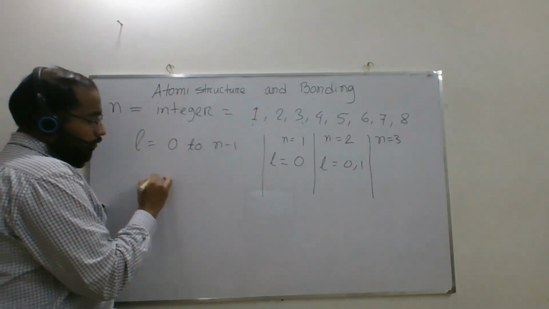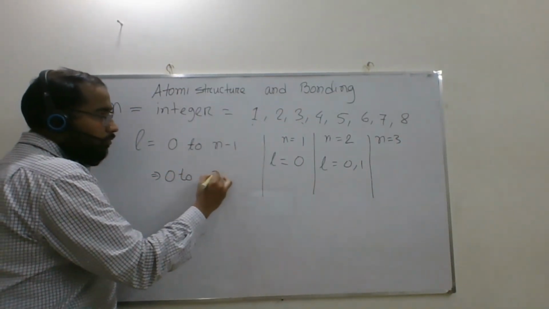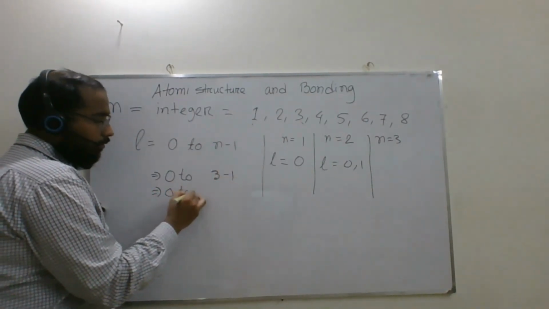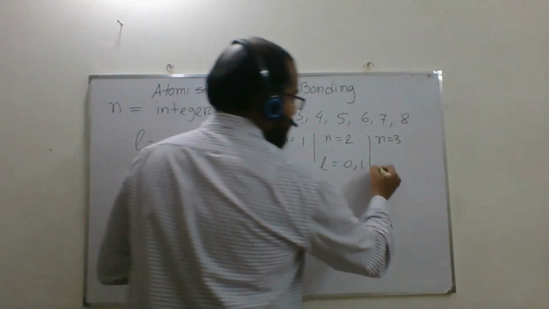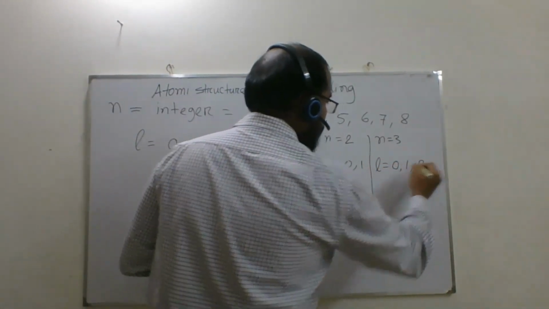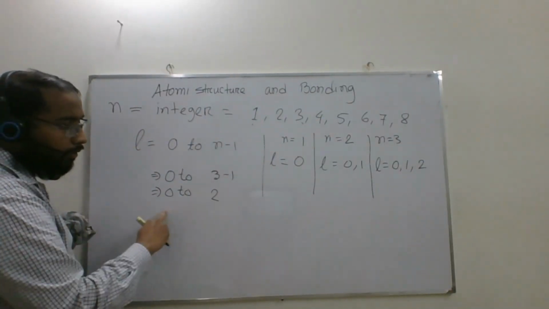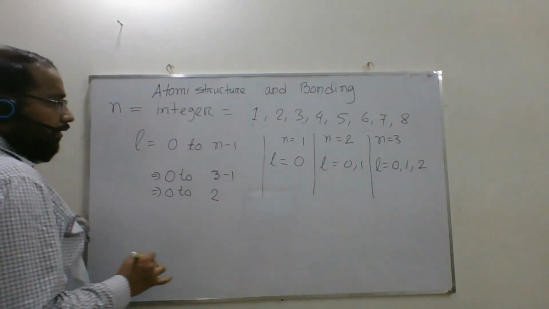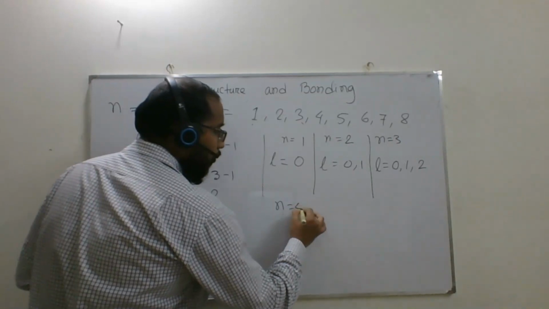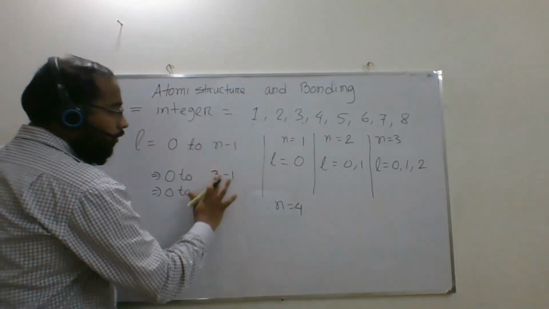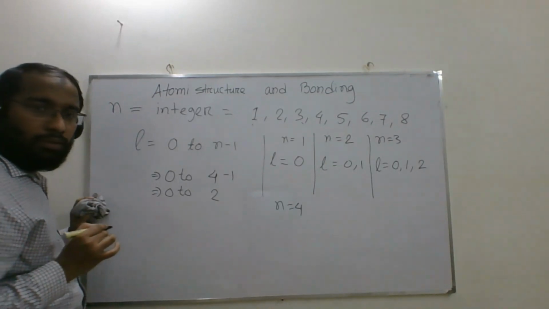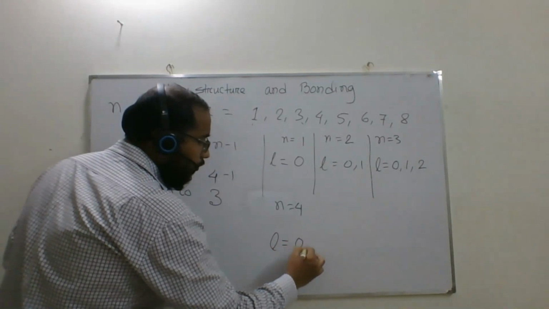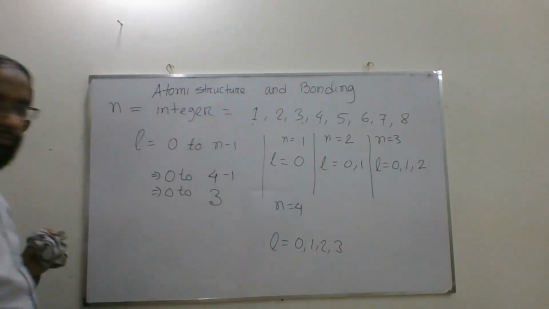Now, if n equal to 3, then L equal to 0 to 3 minus 1, so L equal to 0 to 2. That means L equal to 0, 1, 2. Then if we consider n equal to 4, so 0 to 4 minus 1, so 0 to 3, so L equal to 0, 1, 2, 3.